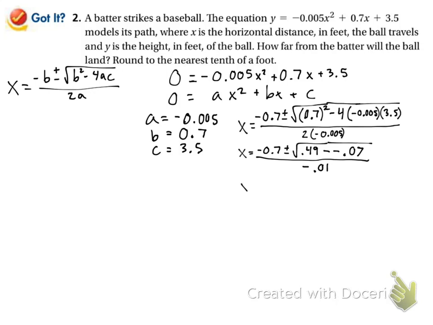From here on out, I'm basically just simplifying the square root until the very end. So this is the square root of 0.49 plus 0.07. Then we simplify it again, and underneath the square root we get 0.56.